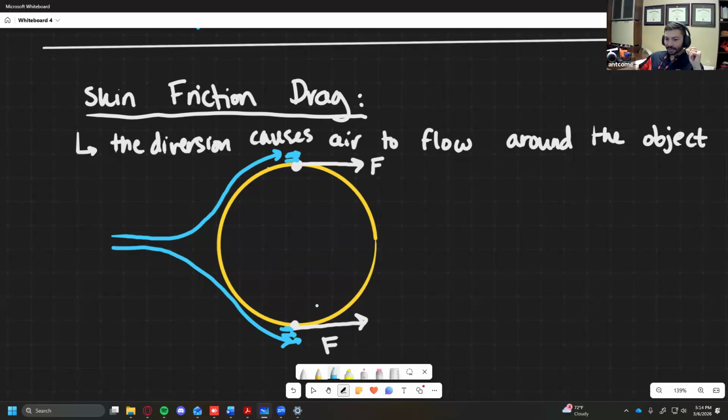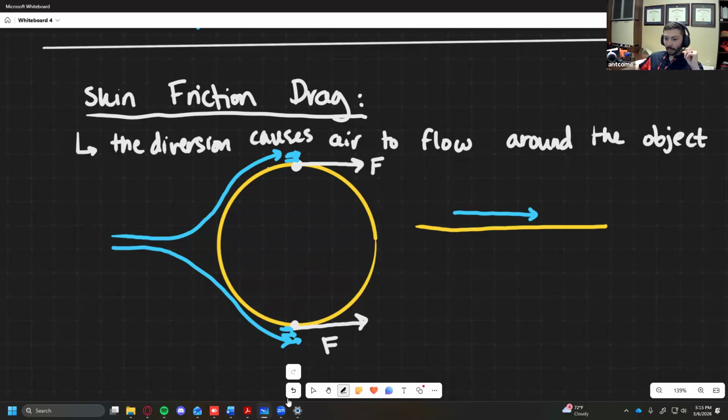Not quite. Relative to the ball, the air is moving this way. If I draw this at a microscopic level, that's not what I meant to draw. Let me draw a flat plate. Let me not call it friction. Let me think about it like this: the air is tugging on the ball to try to follow it.